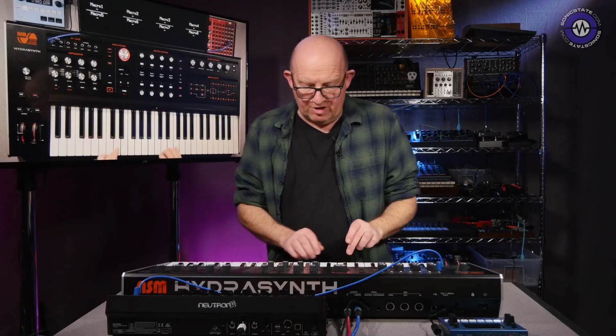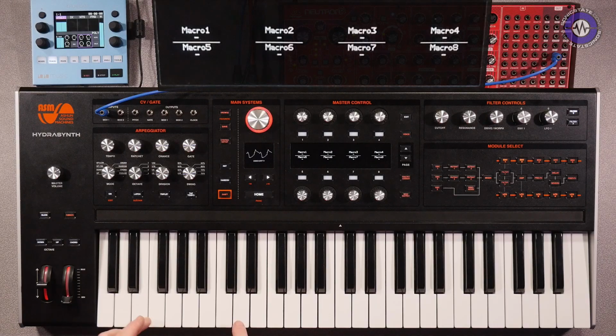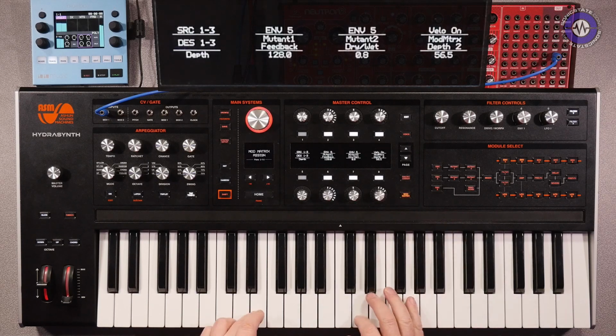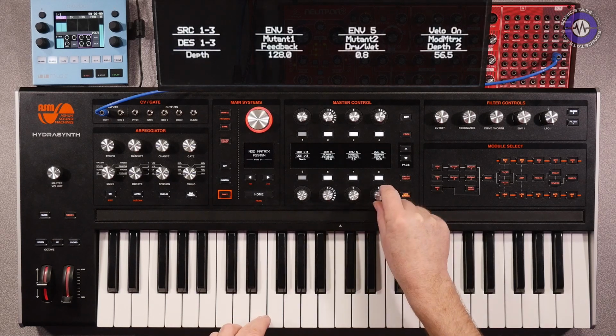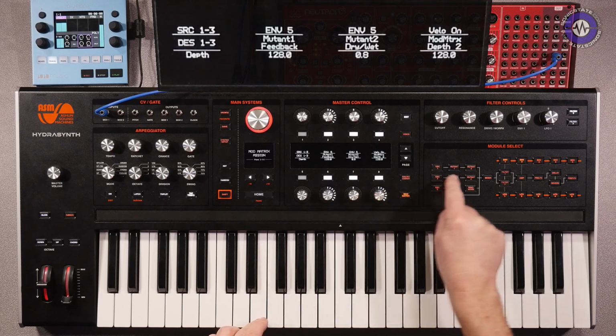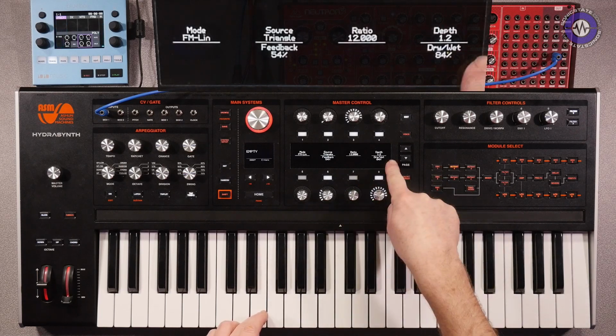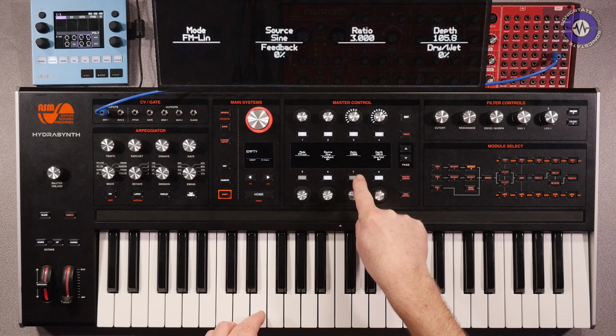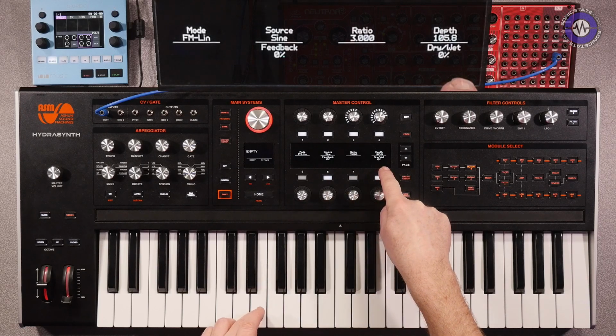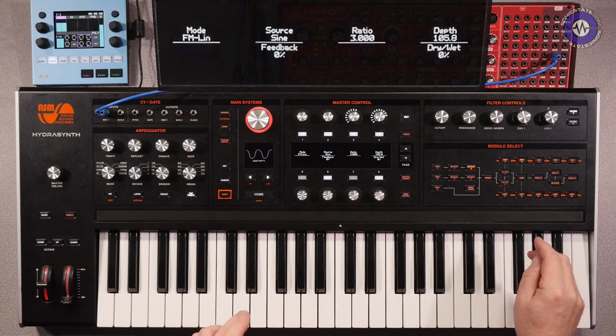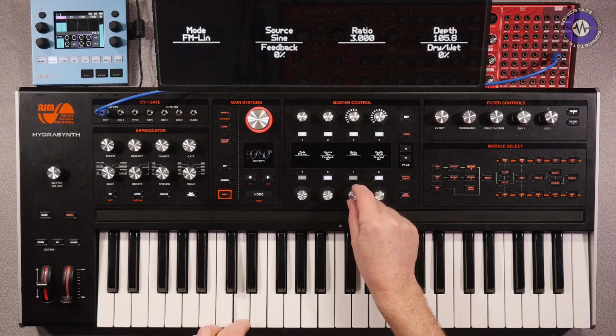Here's a patch which uses that sort of more percussive aspect. I'm using the velocity to affect the depth of the wet dry mix of this, and using a very fast envelope.